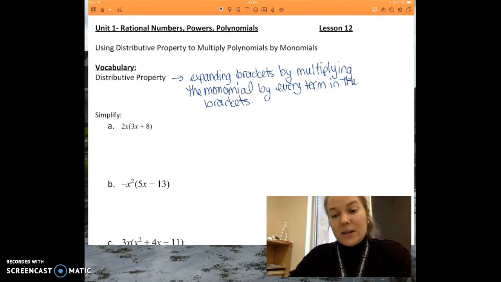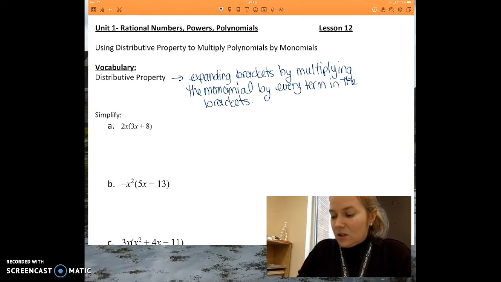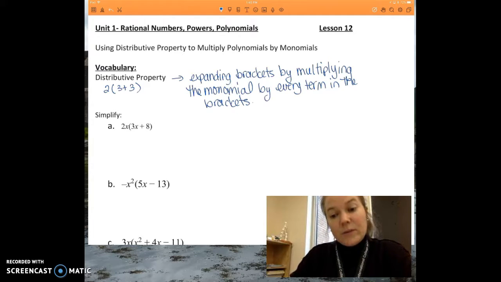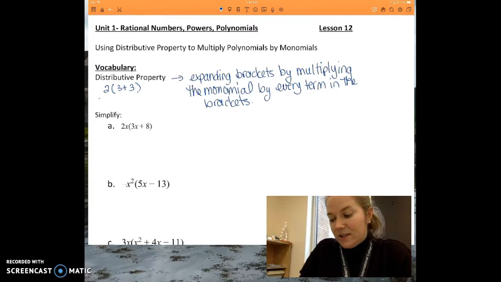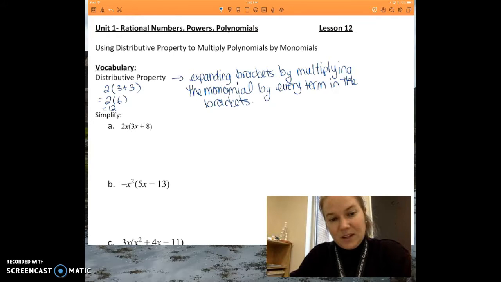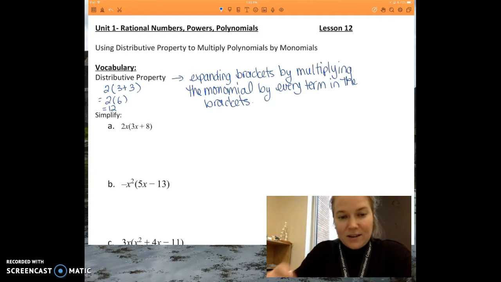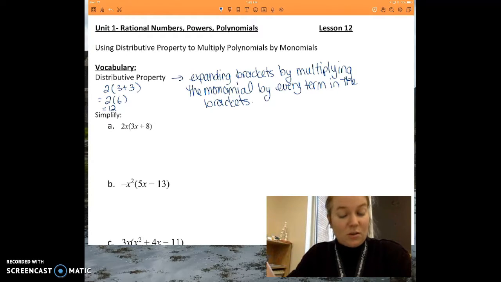And does this work? Yes. Again, I can show you using whole numbers. We could say 2 times (3 plus 3). If we follow the rules of BEDMAS, 3 plus 3 is 6, and 2 times 6 is 12. If we just multiply the 2 by the very first 3 and ignore the rest, basically removing the brackets, we'd get 2 times 3 is 6, plus 3 is 9.